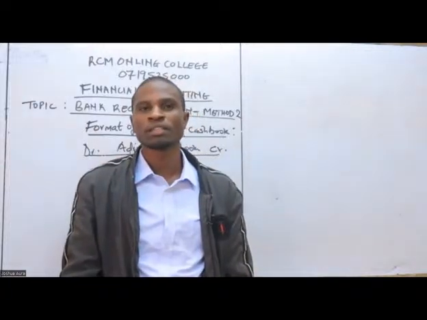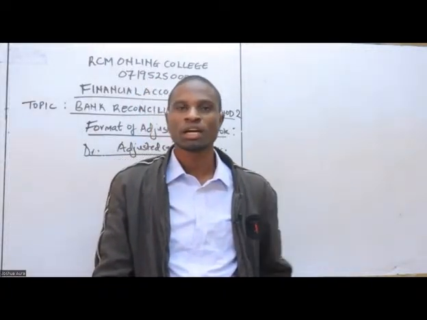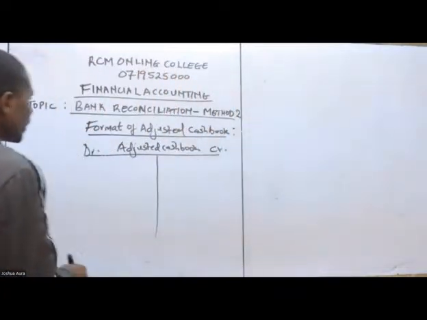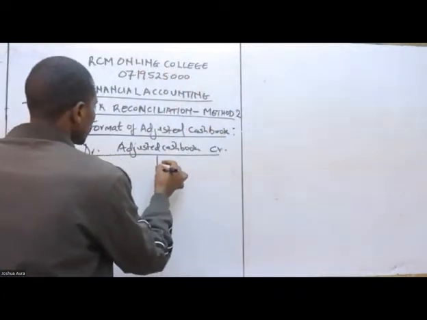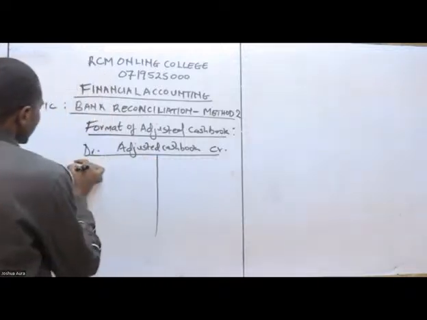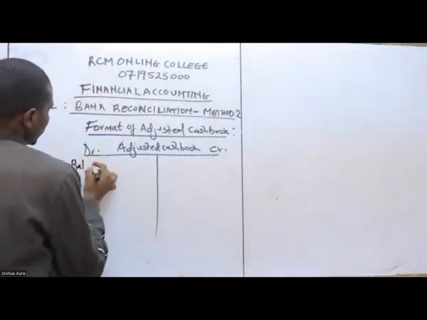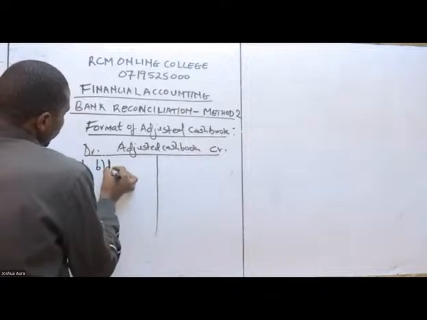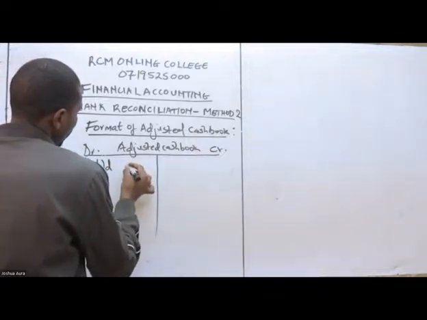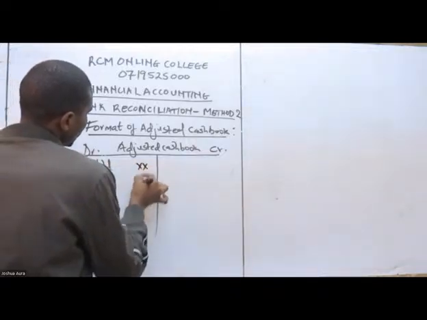Any overstated amount, we usually credit. The balance brought down from the previous period, we just debit.